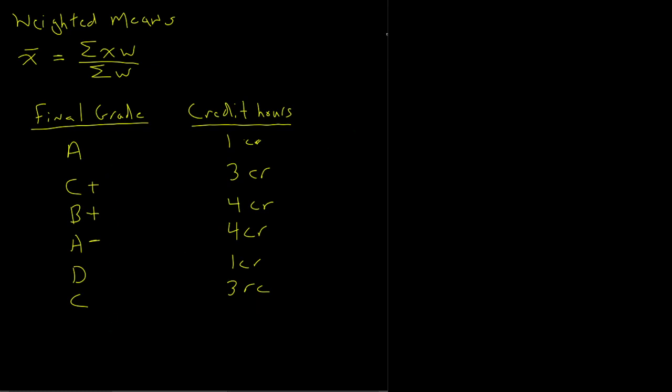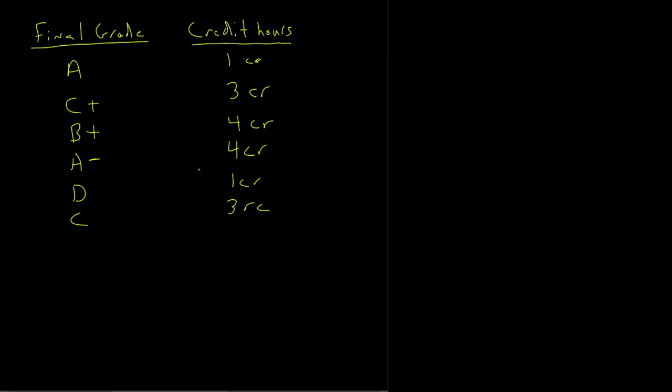Well, in a 4-point grading system, an A is equal to 4.0, an A minus is 3.7, a B plus is 3.3, a B is equal to 3.0, B minus is equal to a 2.7.